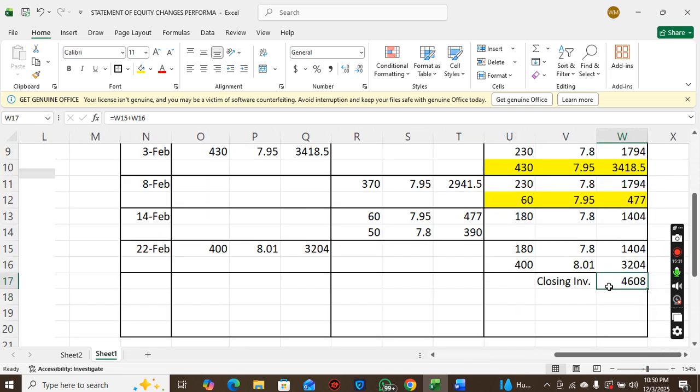So the value of our closing inventory is 4608 kwacha. That is the value of the closing inventory.